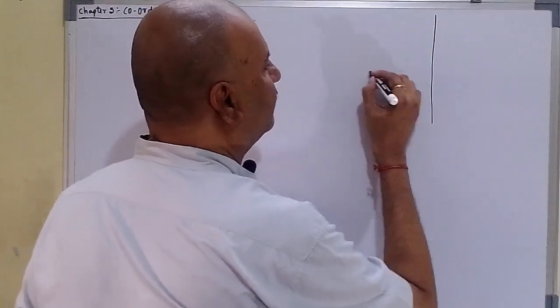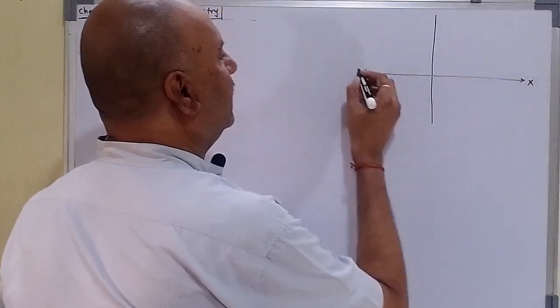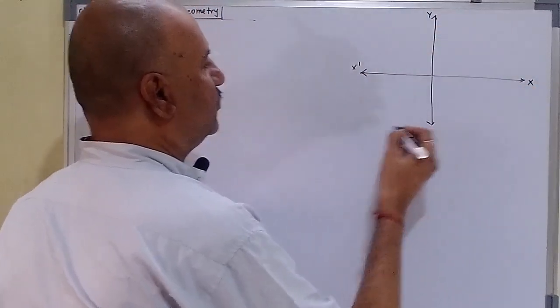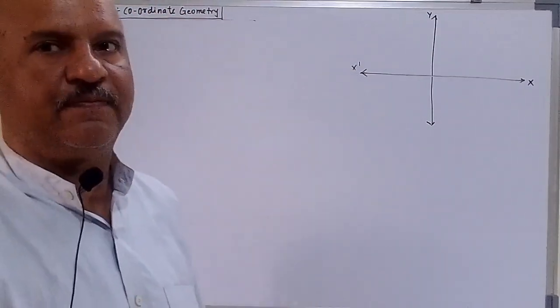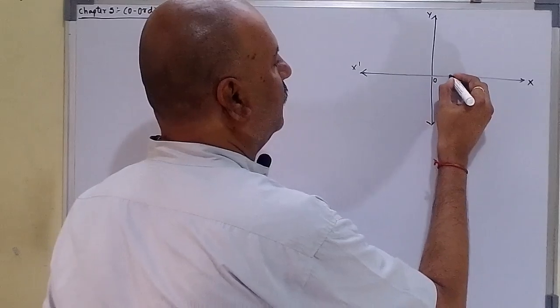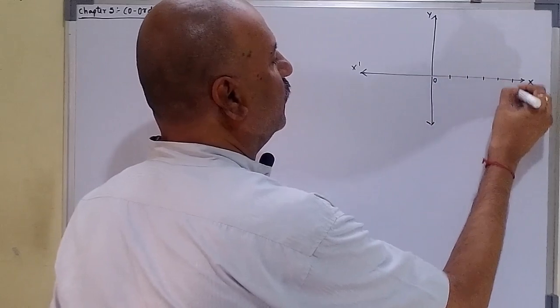You have seen a graph. This is your xy plane. This is x dash, y dash. This is 0, 1, 2, 3, 4, 5.